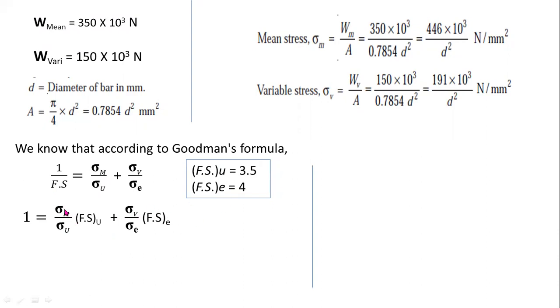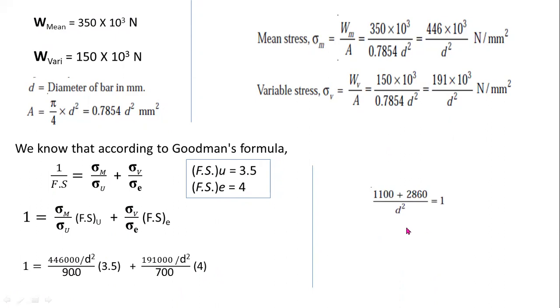Then substitute the values. Sigma m equal to 446 into 10 power 3 by d square. Sigma u equal to 900. Fs u equal to 3.5. Sigma v equal to 191 into 10 power 3 by d square, and sigma e equal to 700, and Fs e equal to 4. Here you can observe, from this equation you have to find out the value of diameter.